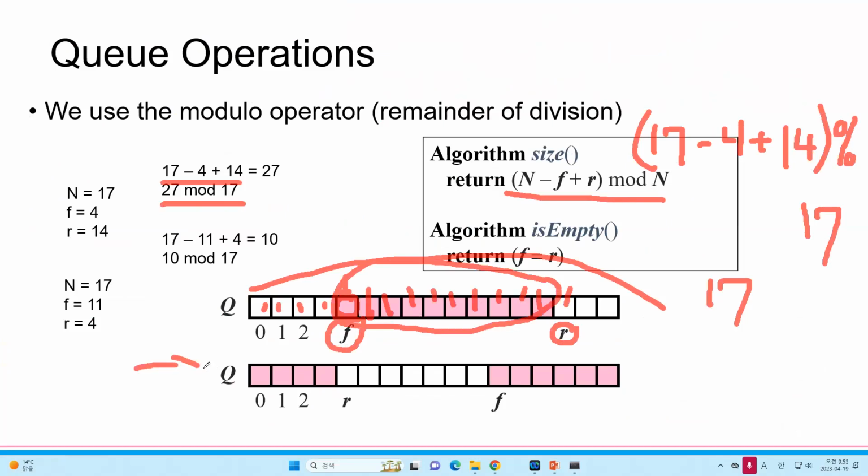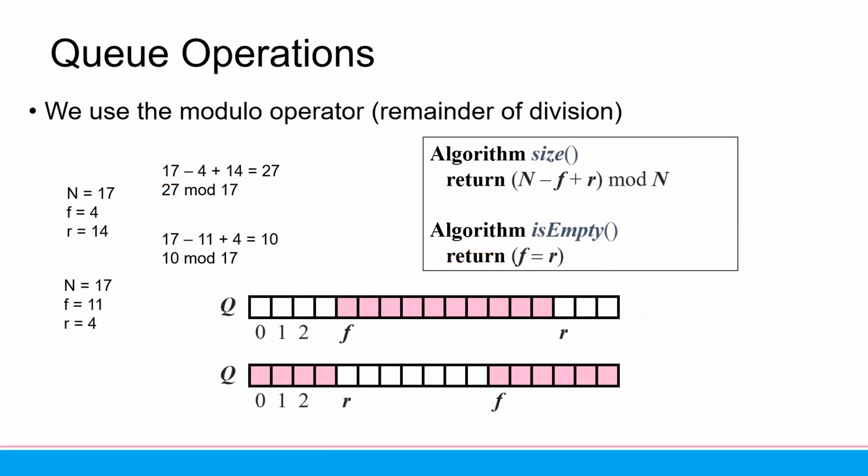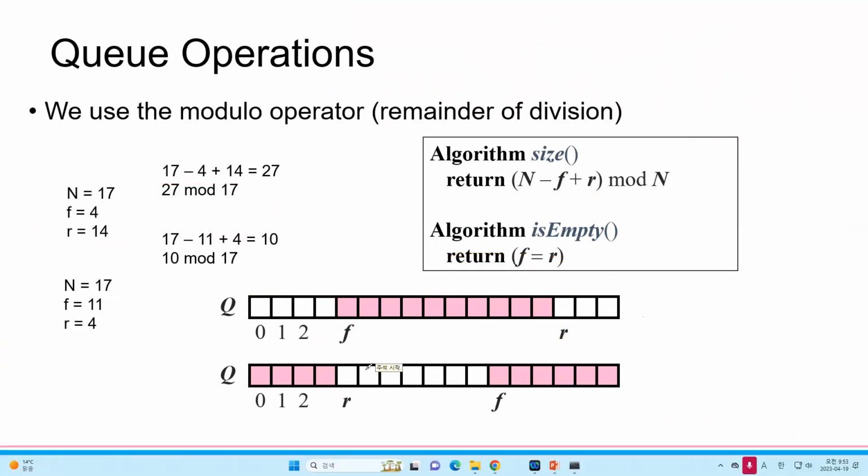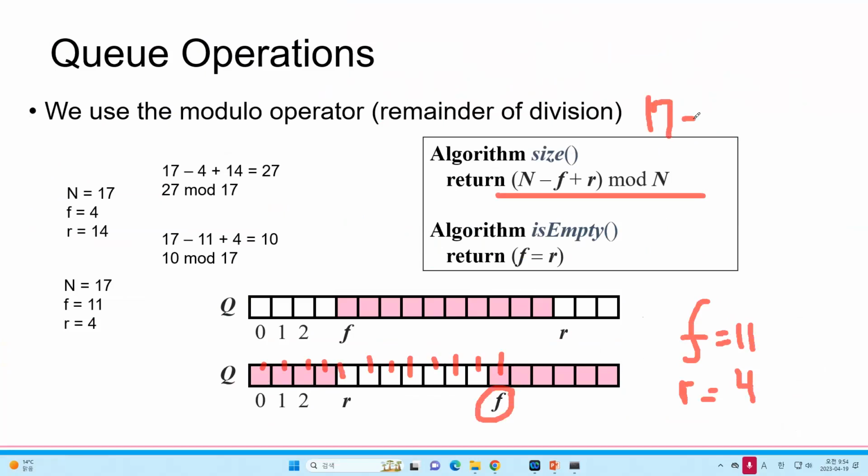What about this one? I know the F. So 0, 1, 2, 3, 4, 5, 6, 7, 8, 9, 10, 11. Okay, the F is 11. And then what is R? R is 0, 1, 2, 3, 4. Okay, using this formula, then we have 17 minus F, which is 11, plus R, which is 4.